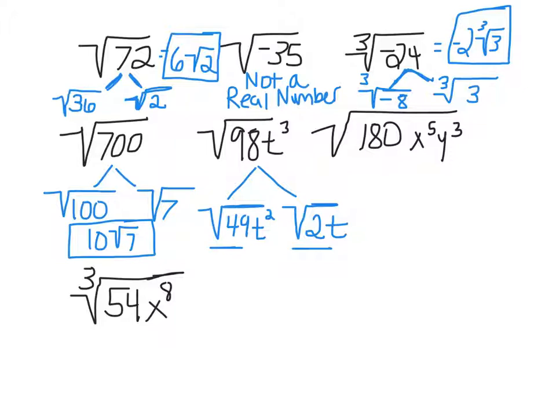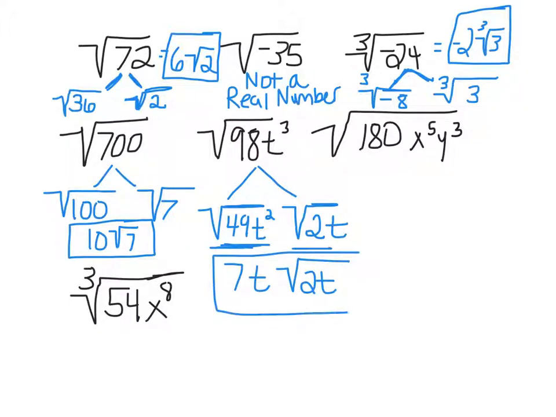So now on this side, I'm going to take the square root. So the square root of 49 is 7. And the square root of t squared is 2 divided by 2 is 1. So that's just t. And then here I'm going to have the square root of 2t left over. So this is my simplified form there. 7t square root of 2t.